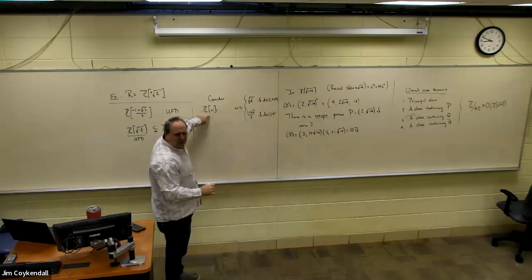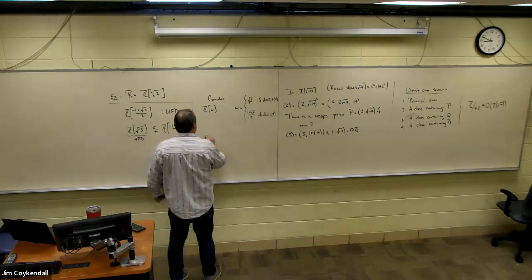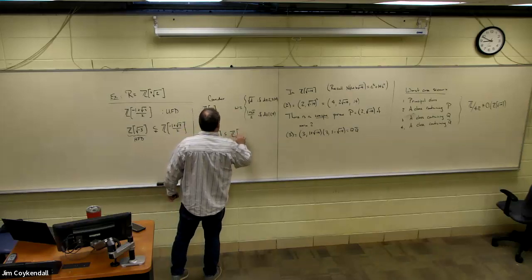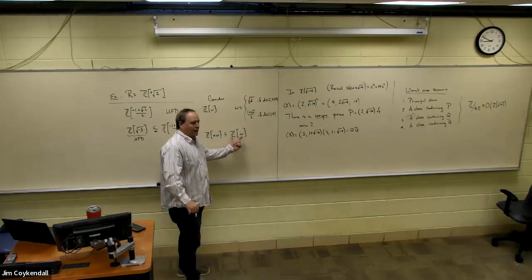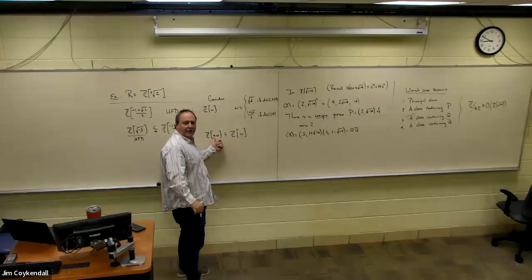So this is my catch-all for these integers. These are the only ones that are allowed to be UFDs because they're integrally closed. n is here a natural number.